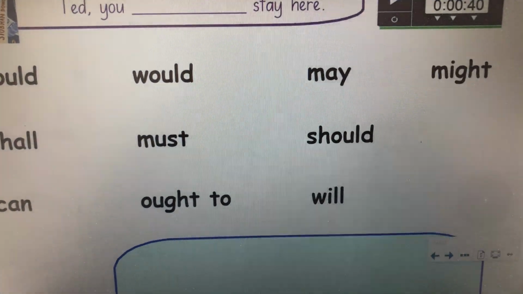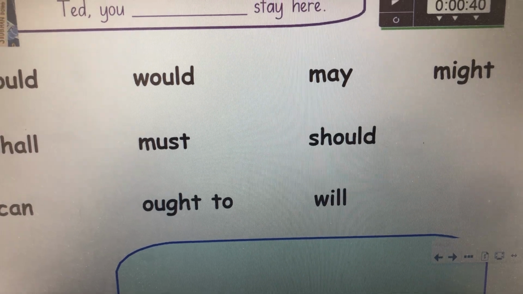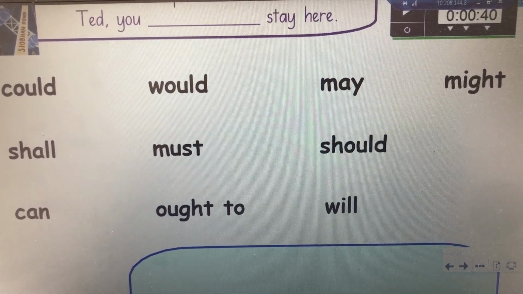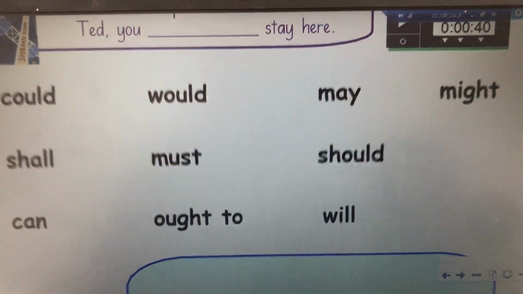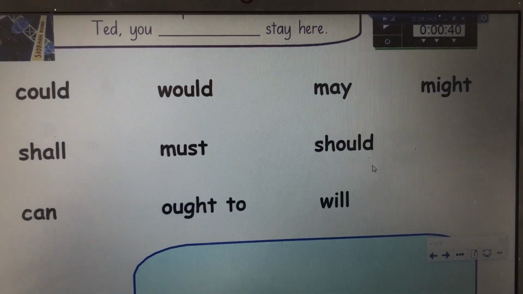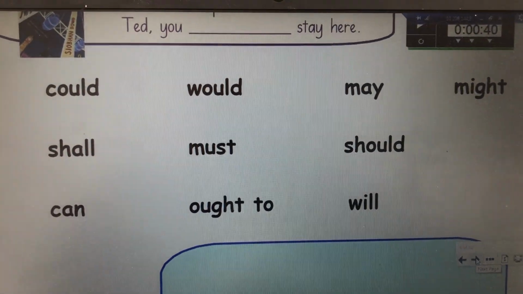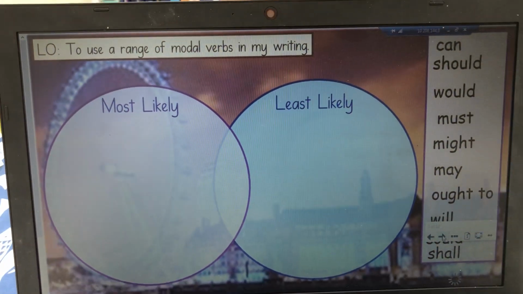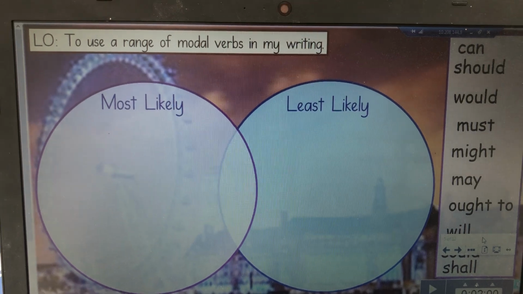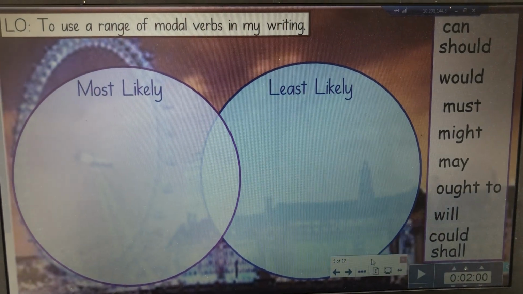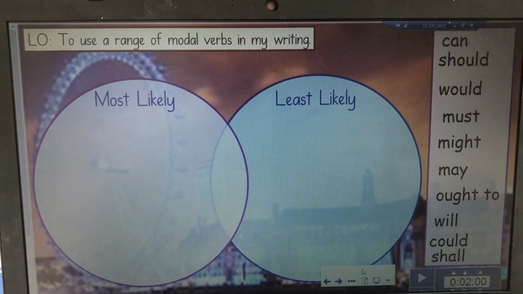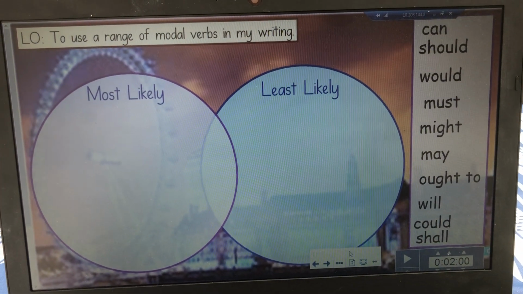Did you identify would, may, might? You must stay here. You should stay here. You ought to. You will stay here. And you can hear from how I'm reading those examples that there are differing degrees of certainty over whether or not that will happen. So what I'd like you to do now with your pencil is just draw yourself a quick Venn diagram, 2 circles, and on one side you've got most likely and on the other side you've got least likely.